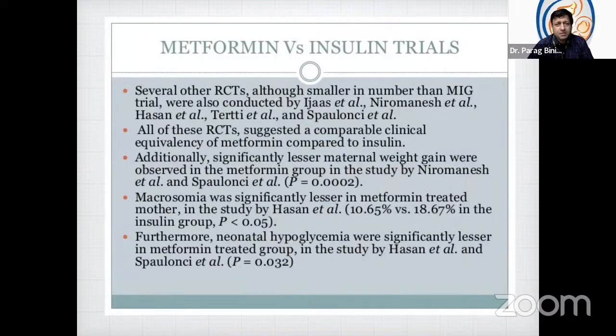So when we compare metformin vis-a-vis insulin, there are so many trials which talk about it. Now, what is seen was there is a comparable clinical equivalency of metformin compared to insulin. Macrosomia was significantly lesser in women who were on metformin rather than insulin. And the chances of neonatal hypoglycemia were significantly lesser in the metformin group as compared to the insulin group.